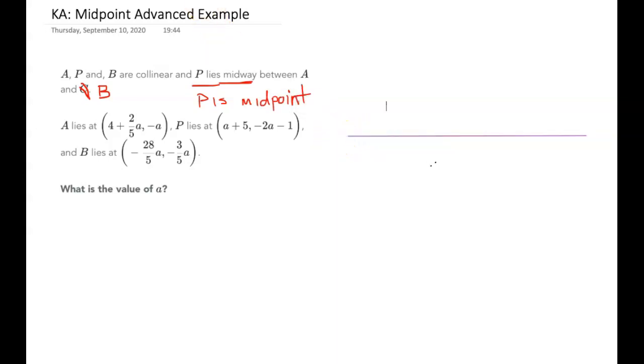So we have point A, and we have point B. And then somewhere in between we have point P. They are all collinear, so they share the same line.